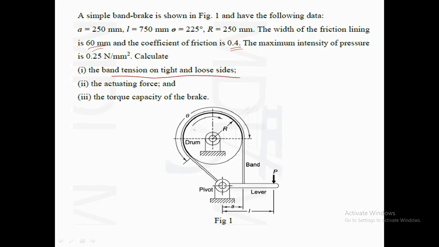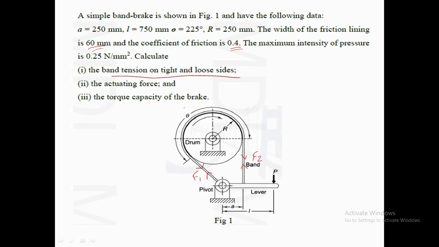As you see from the figure, the brake drum is rotating in clockwise direction. This is the tight side, denoted by F1, and this is the slack side, denoted by F2. The actuating force P is not given, and we have to find it.